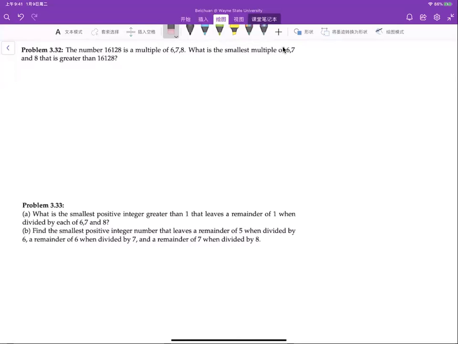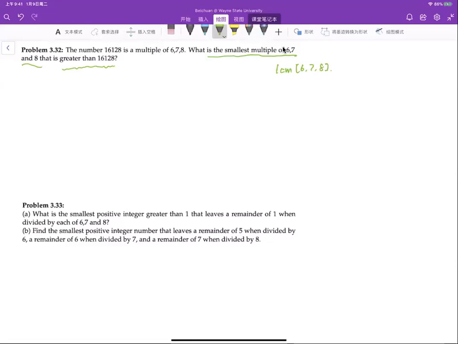Well, so in this case, you can still find the LCM of 6, 7, and 8 this time, right? But there is an additional requirement. This number must be greater than 16,128.